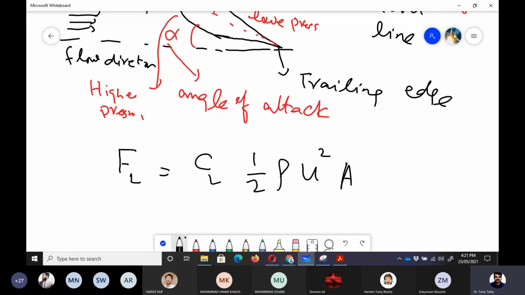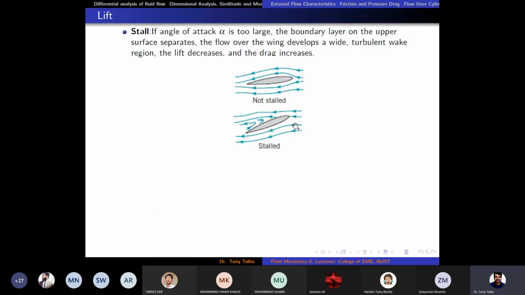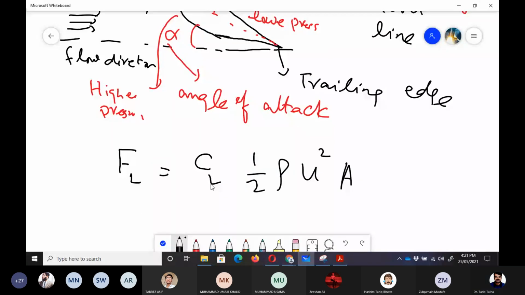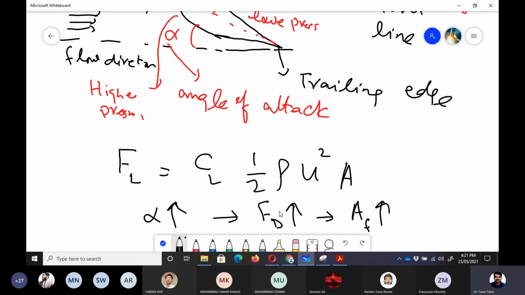Now, if we increase the angle of attack, which is alpha, we are increasing the FD value, because the frontal area is increasing. Because this drag force is increasing, the velocity and Reynolds number would decrease.